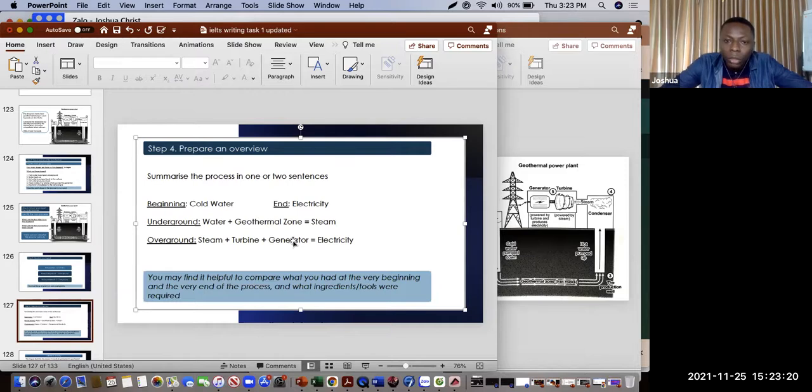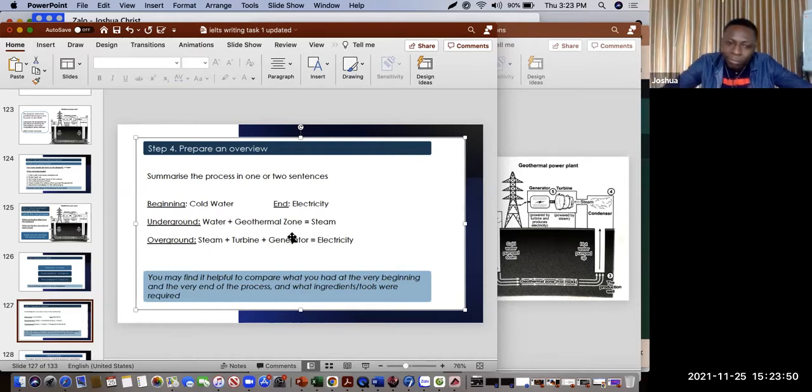Okay, so you can say overall, or to summarize, cold water is passed through a geothermal zone, which produces steam. The steam is then passed through a turbine, which causes the turbine to rotate to produce electricity using a generator.